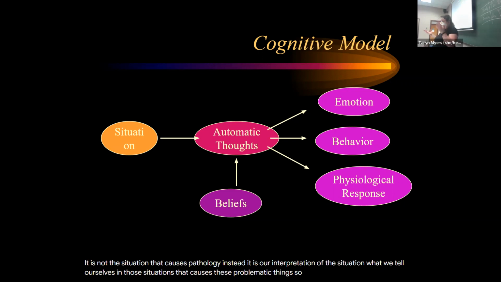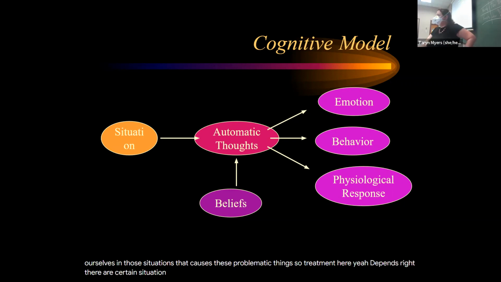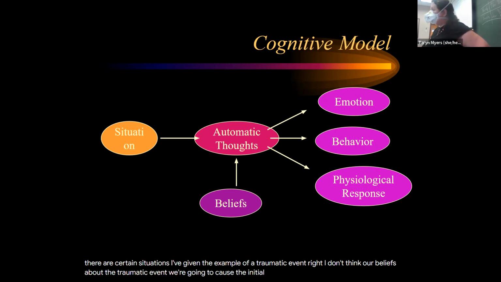So treatment here depends, right? There are certain situations, like a traumatic event. I don't think our beliefs about the traumatic event are going to cause the initial symptoms, but our beliefs about our guilt or not related to the traumatic events can perpetuate the symptoms.